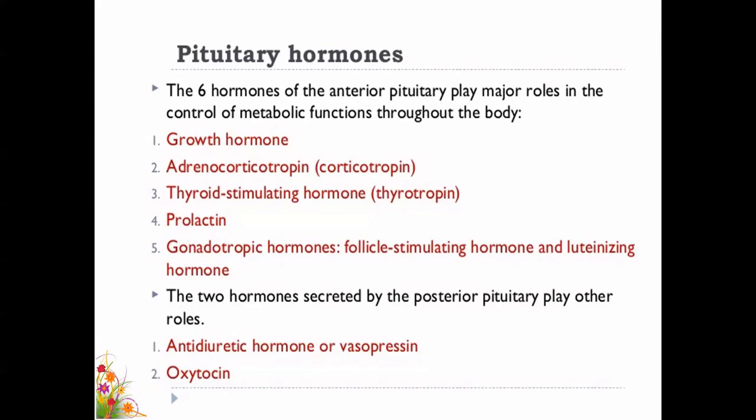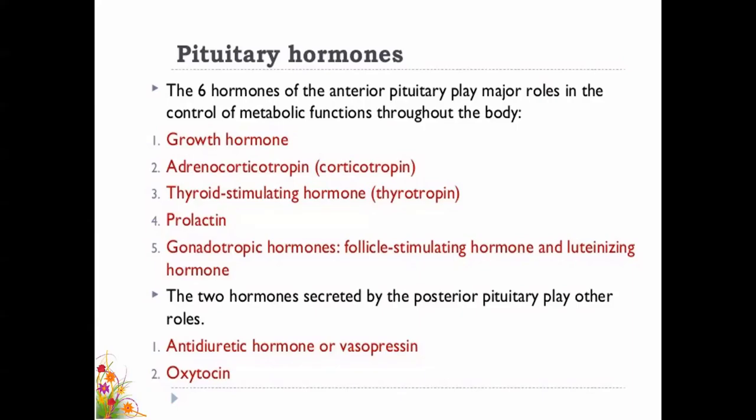This ADH and oxytocin will be released by the posterior pituitary, but produced by the hypothalamus. These two hormones are produced by the hypothalamus, and from there they will be transported to the posterior pituitary gland and released there.